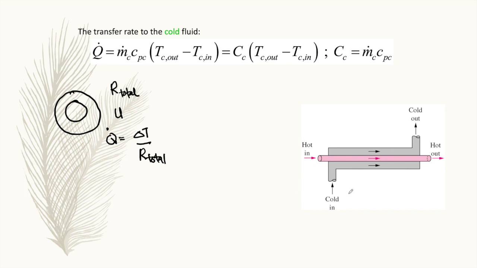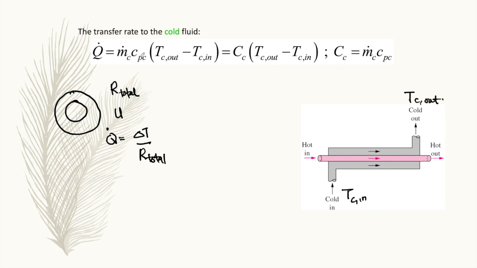So we have temperature Tc in, and temperature Tc out. Specific heat capacity is the amount of energy being absorbed or released. How much energy can be absorbed by those fluids.